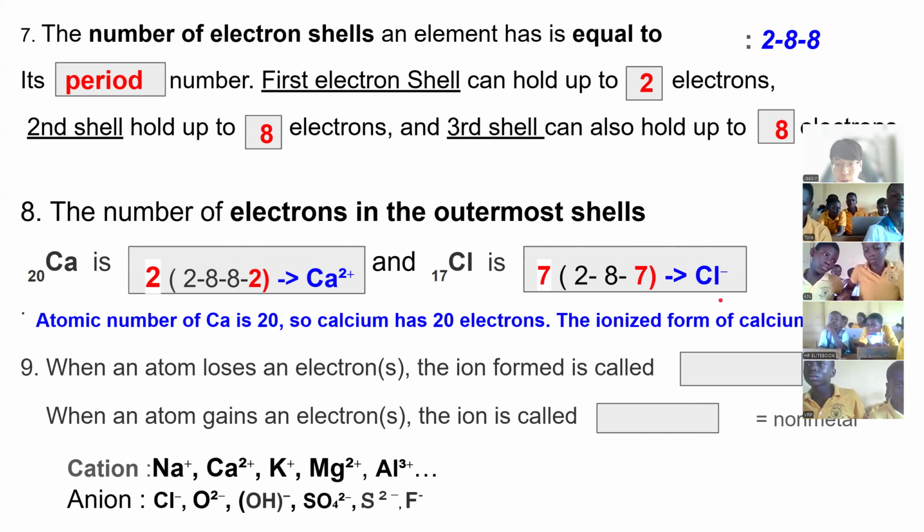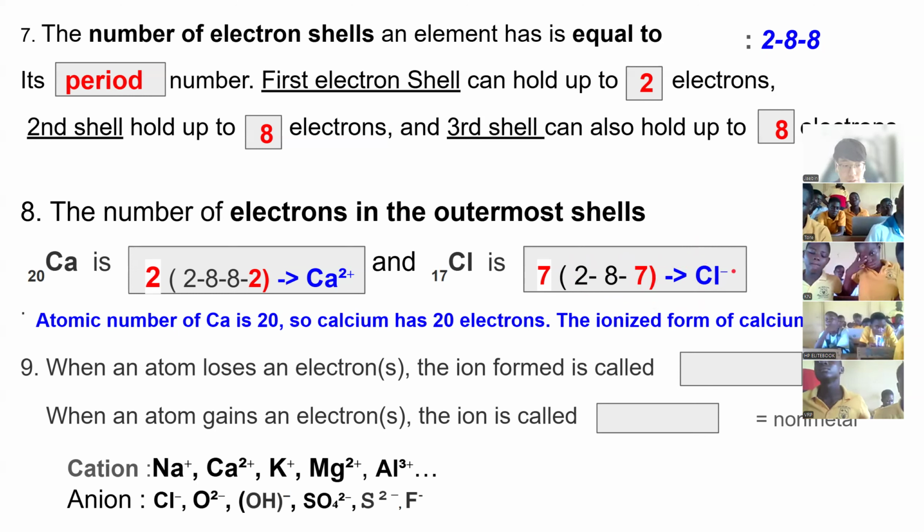So chlorine wants to gain an electron to make it 2-8-8. Because with 7, you only need 1 more electron to become stable. So since electrons are negatively charged, we have chlorine minus. It's 1 minus, since it gained 1 electron.